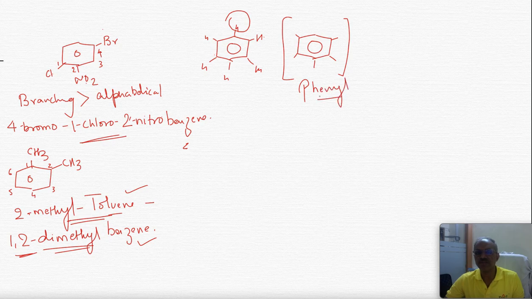Make it a point to remember it. Whenever I say phenyl in the future, phenyl means a benzene ring but without one hydrogen atom. Take for example a benzene ring. Here all hydrogens are present, but one hydrogen is removed and replaced by CH3.